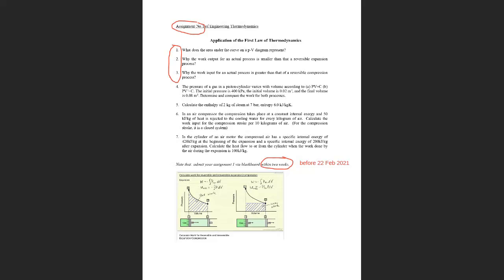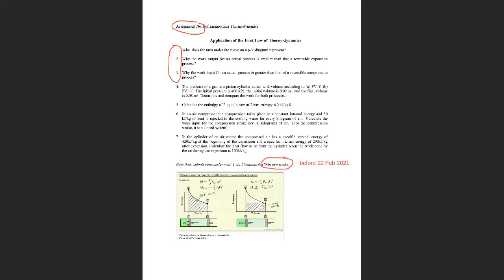However, for a compression process, the ideal work input is the minimum. Reversible expansion work is the maximum. However, for the compression process, it is the minimum.